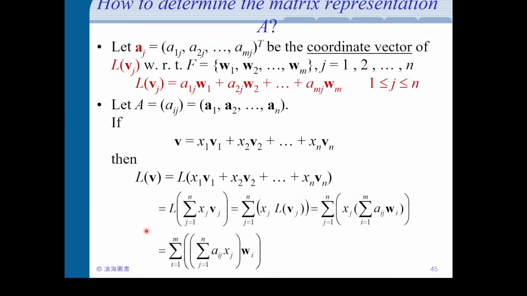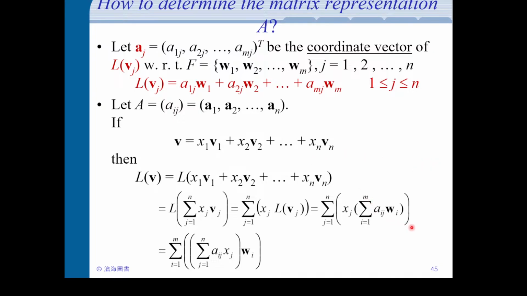Let's see what we have. L of V equals L of all those linear combinations of V. It's a linear operation and we have a linear combination, so the linear combination and the linear operation commute. So it's a summation of x_j times L of all the basis elements, and we know what L of those basis elements is by definition. Here we use L of V_j equals the sum of A_ij W_i.